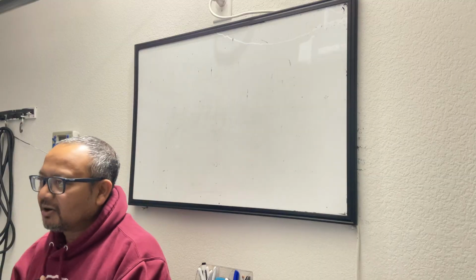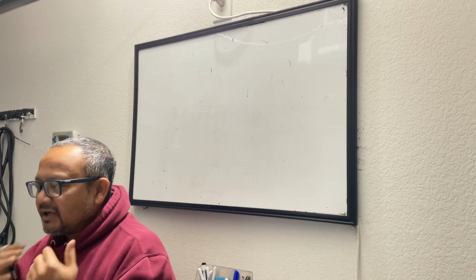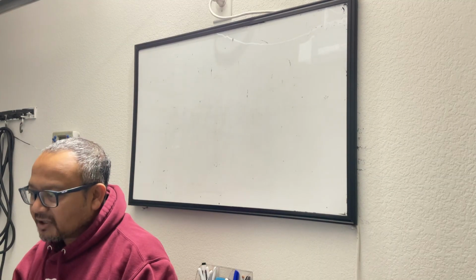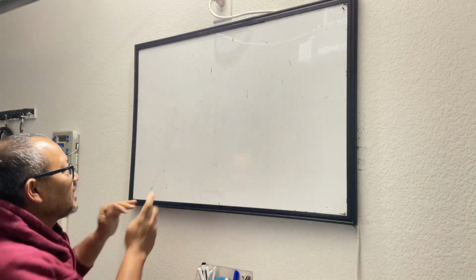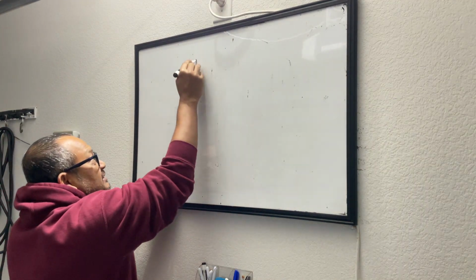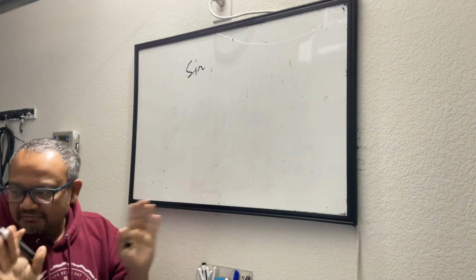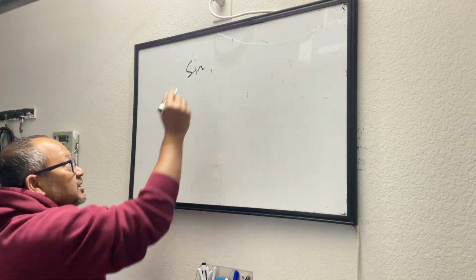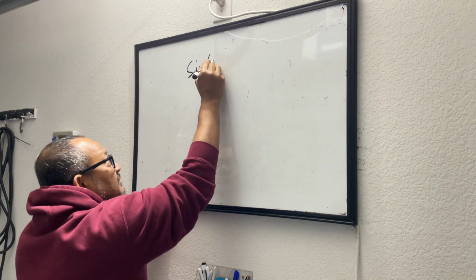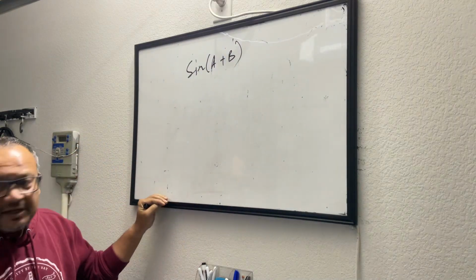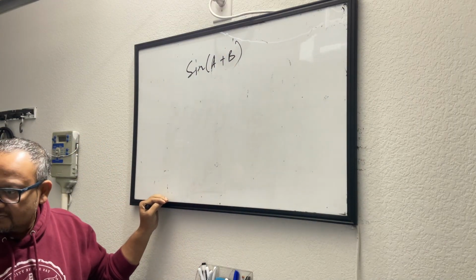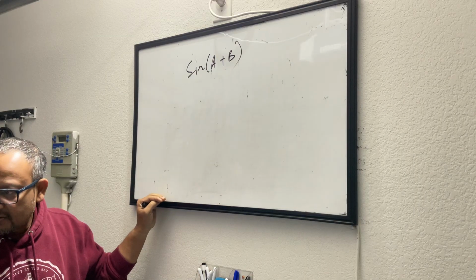So what are we going to learn today? We are going to learn about the addition and subtraction of some of the trigonometric identities. What do I mean by that? Let's look at it. If I say sine, we know SOHCAHTOA. I'll not talk about it. But if I have two angles A and B, what is the value of sine A plus B? And there is a formula for that.